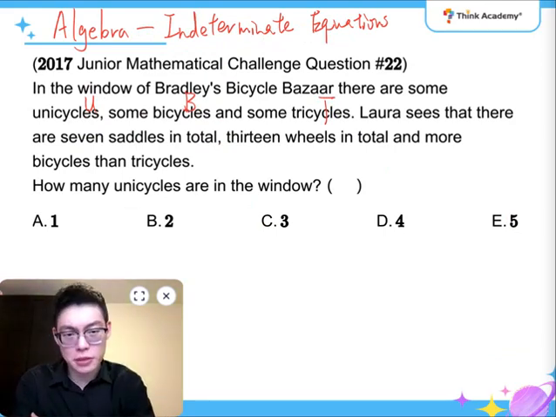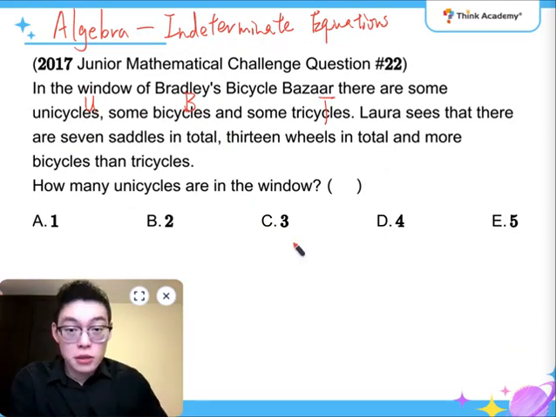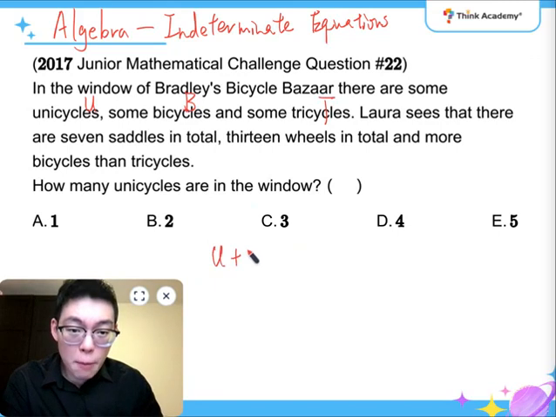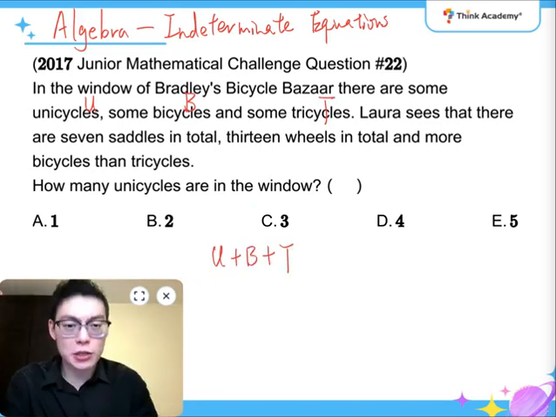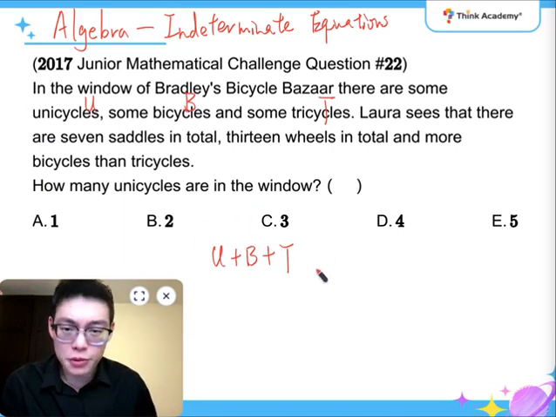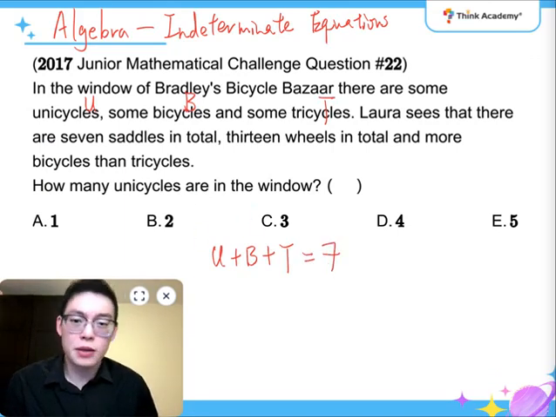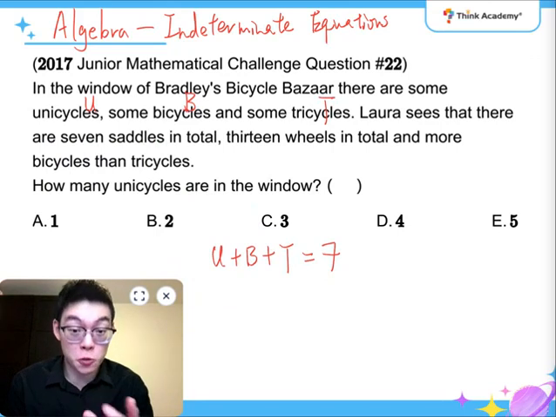Okay? So, it means that the number of these unicycles, bicycles, and tricycles added up is going to be 7, because 7 saddles means that there are 7 of these cycles altogether, right?